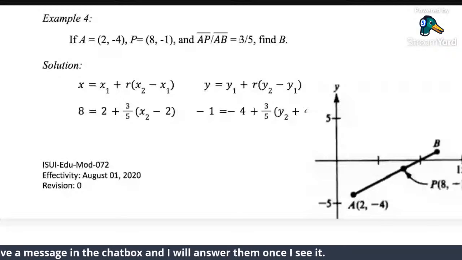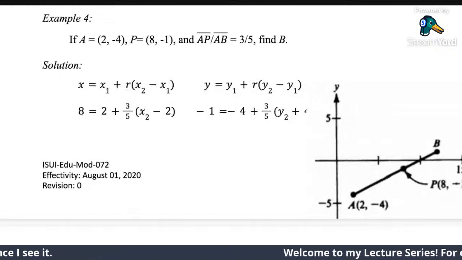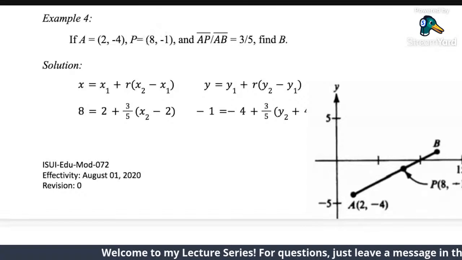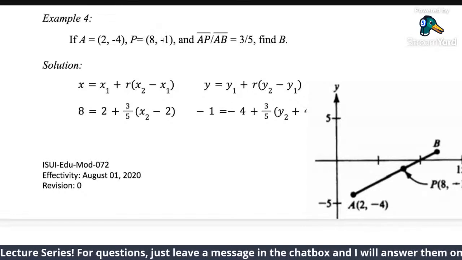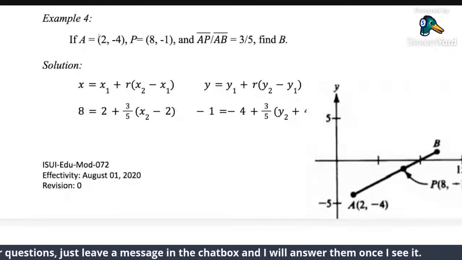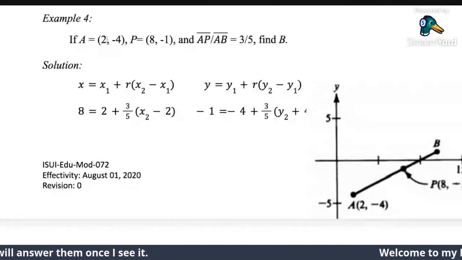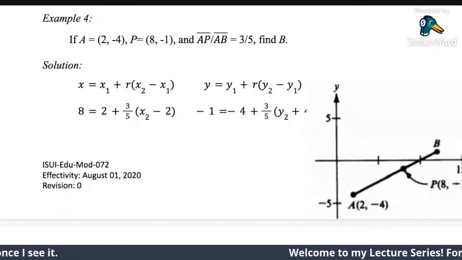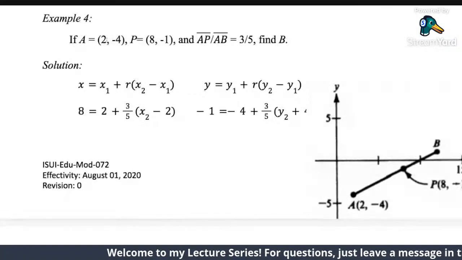Okay? So we have x is equal to x sub 1 plus r times the quantity x sub 2 minus x sub 1. So x is given, which is 8. Dito yan. Yung from P, this is x, y. Ano? Inulit ko. X sub 1, y sub 1, this is x, y. Right? So we have x is 8, x sub 1 is 2, r is 3/5, x sub 2 is the unknown, and x sub 1 is 2.